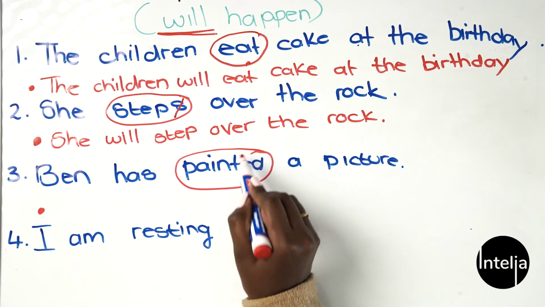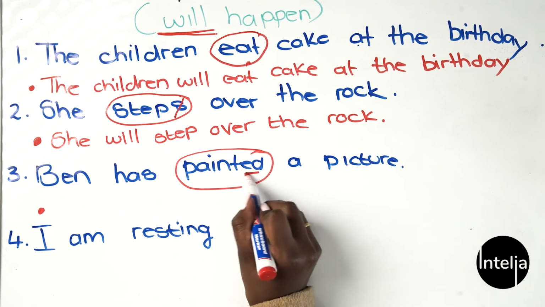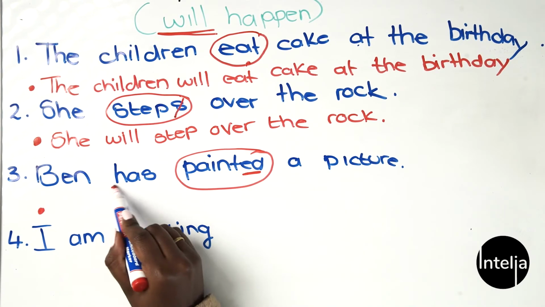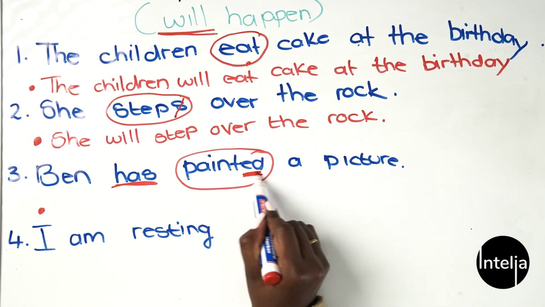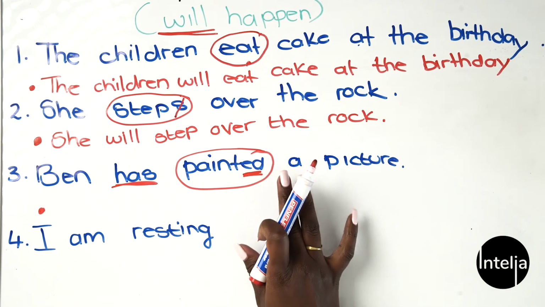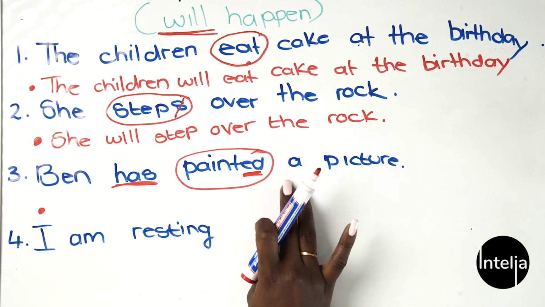Painted. Awesome. And then we have has, which is a helping verb right before painted. How are we going to change this sentence, which is in past tense? As we can see with has and ed, our sentence is in past tense. So how do we change it from past tense to future tense?